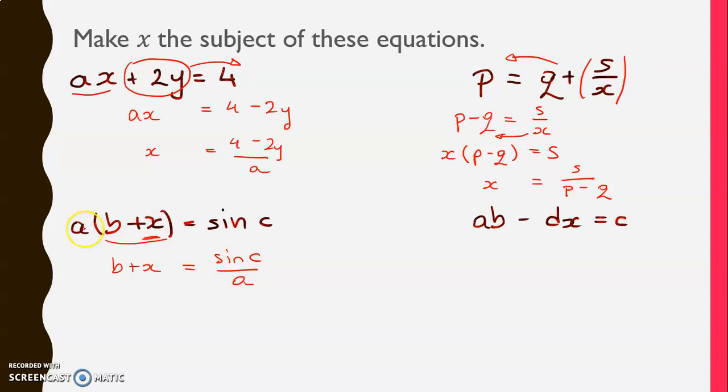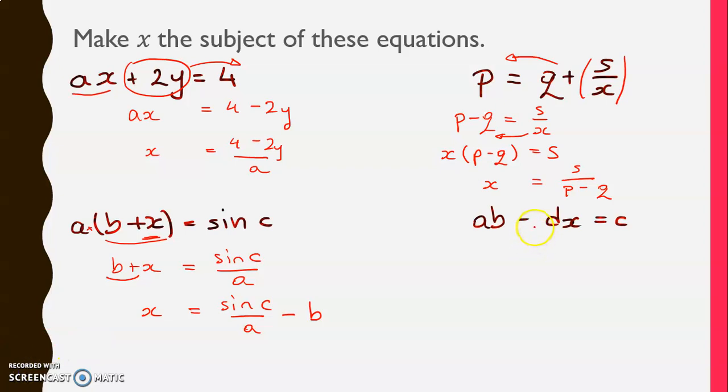Because the operation between a and the bracket here is times, so when we move a to the other side it will be division, the opposite operation. And now finally we want to get rid of b, so x equals sine of c over a. Now b is added to x, so when we move b to the other side, the opposite of addition is subtraction, so we are going to subtract b. And that's our answer, where x is the subject.